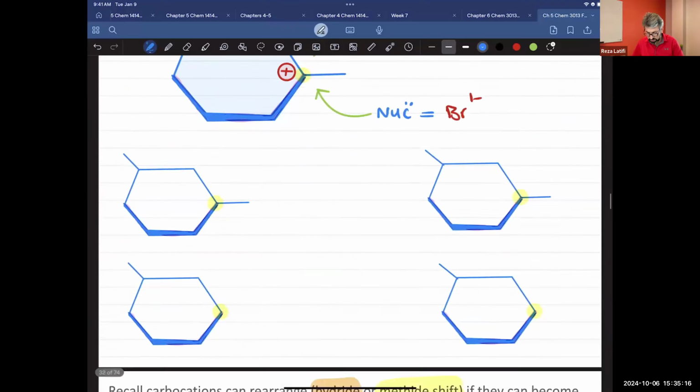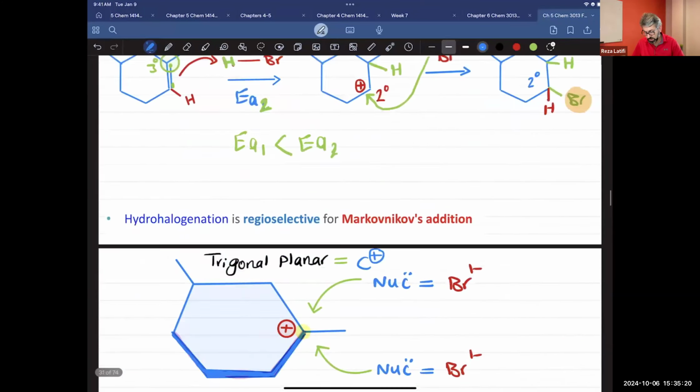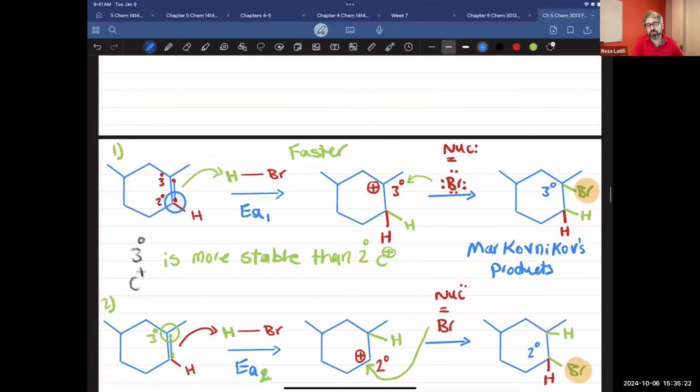Let me double check the pronunciation, it's a Russian name. So it's Markovnikov's product. Markovnikov product says put the bromide, or the halide, on a carbon that has more substituents. That means generate a carbocation with more substituents.